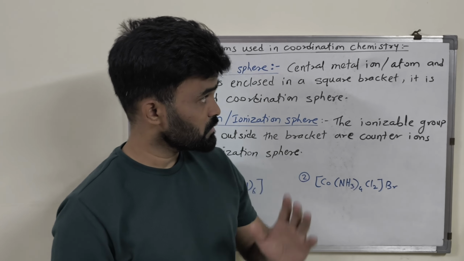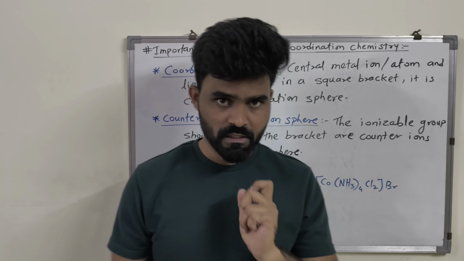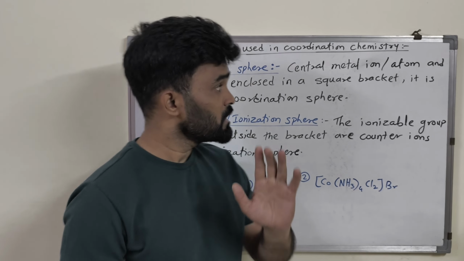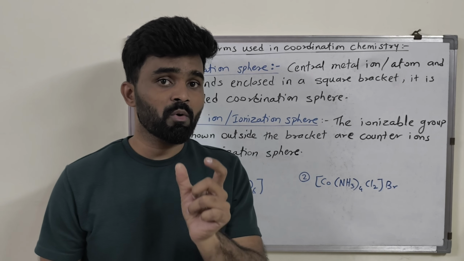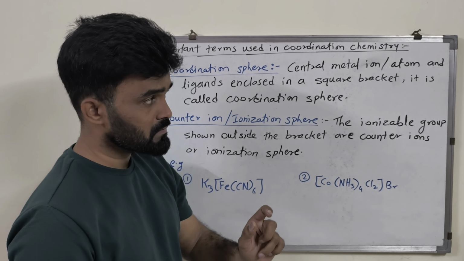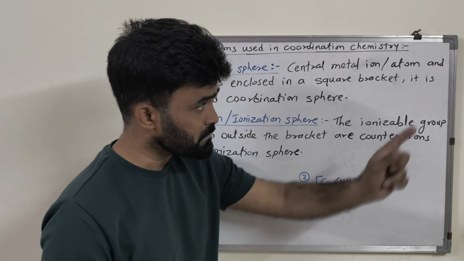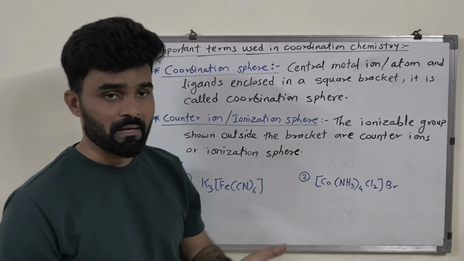Okay, now the next concept, important terms involved in coordination chemistry or coordination compound. First of all, coordination sphere. What is meant by coordination sphere? What is it? It is the central metal ion or atom and ligands enclosed in a square bracket.